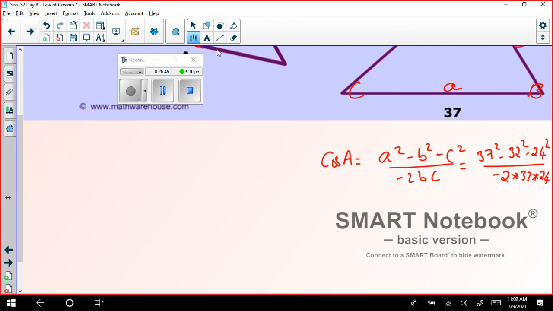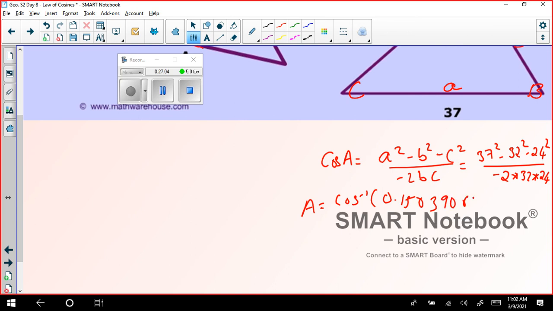Otherwise you should just keep all the decimals. So you can just say A equals cos inverse of whatever the number you had. Once you simplify that, you will get a number of 0.150390625. If I do this, I get 81.350 or 81.35. I have angle A equals 81.35. Okay, that will be my angle A.